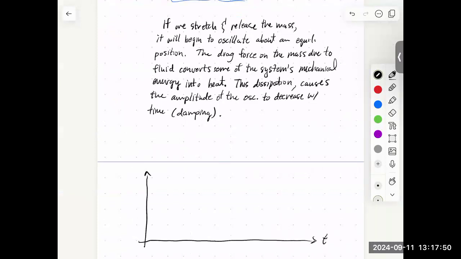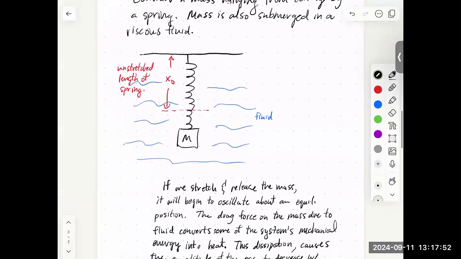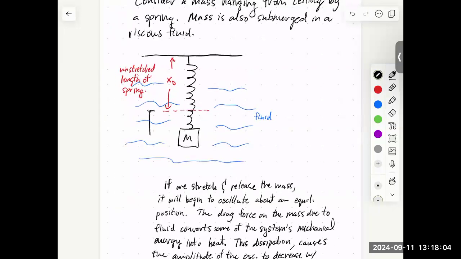So before I draw that, let me define a coordinate system. I'm going to choose the down position to be our x-axis. So positive displacements are down from this equilibrium position. All right.